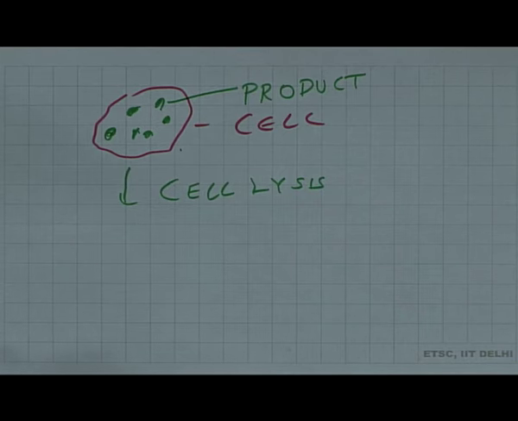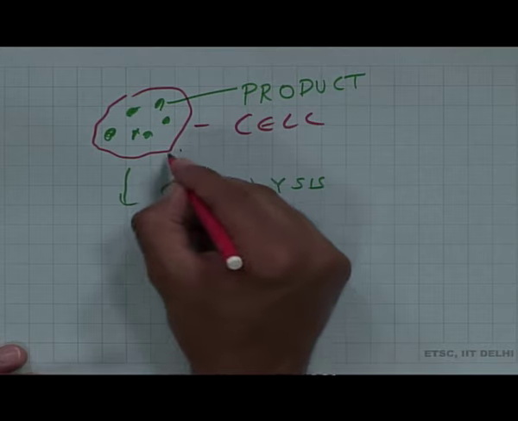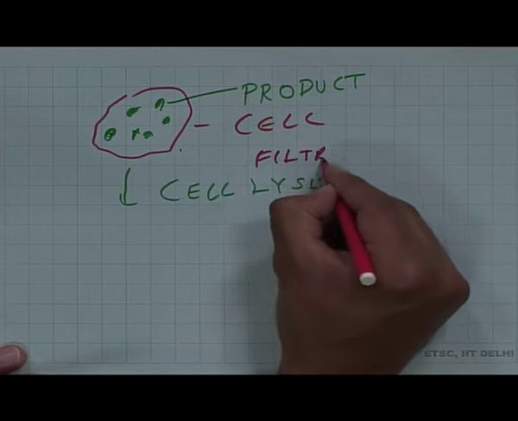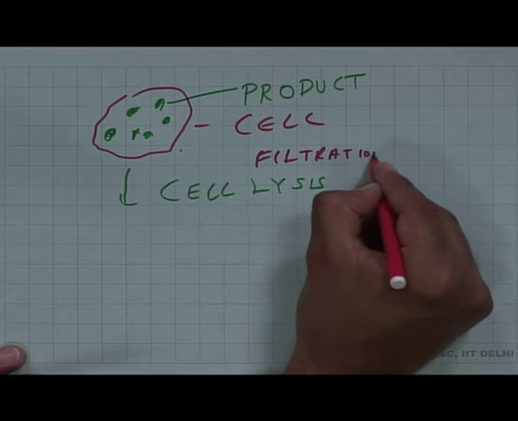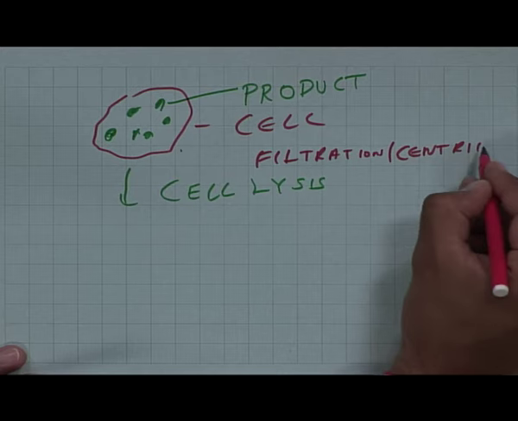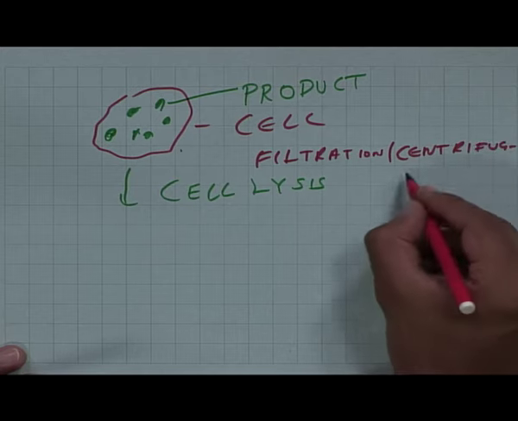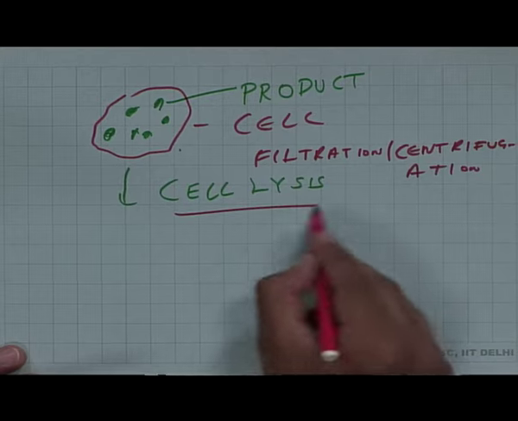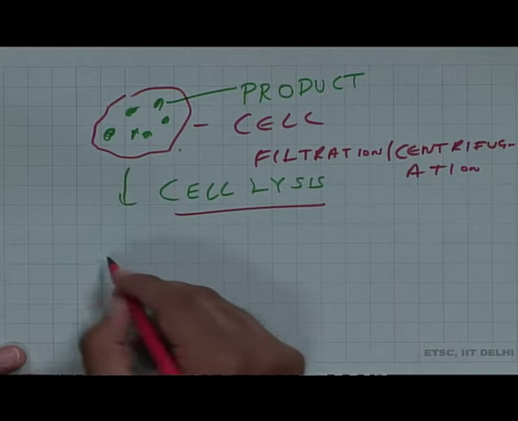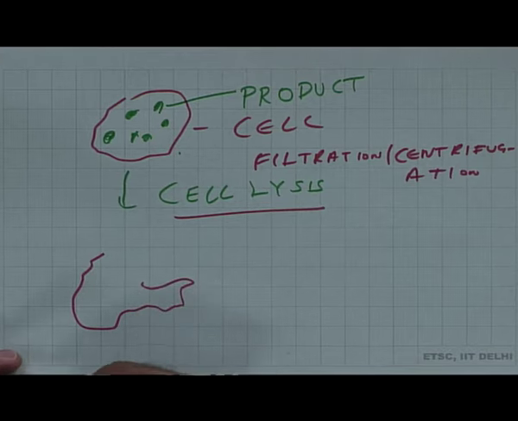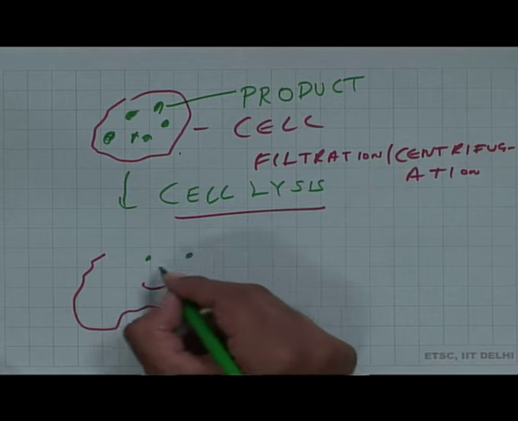So, before cell lysis you do a filtration or centrifugation. Okay. After that you do a cell lysis, which is this. Okay. What does that mean? That means you have broken the cell like this and your product is now outside the cell.